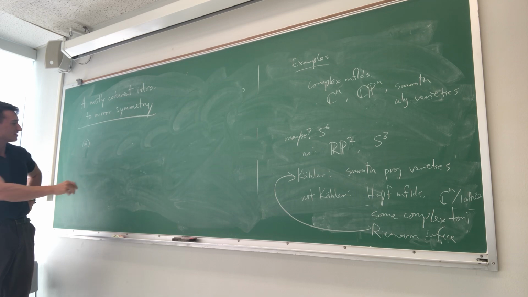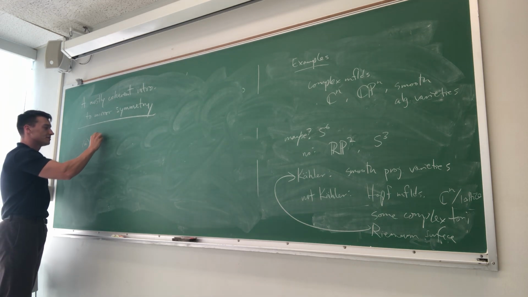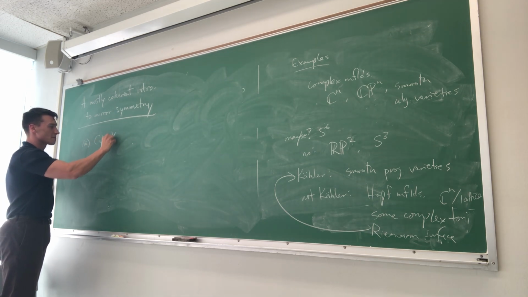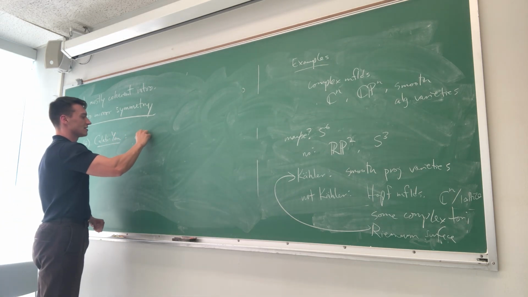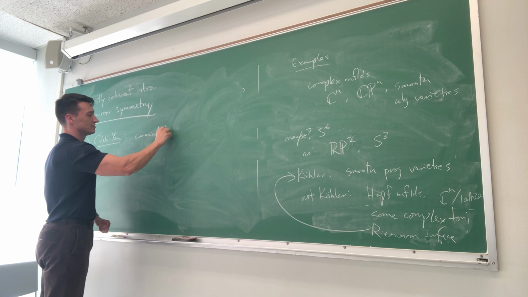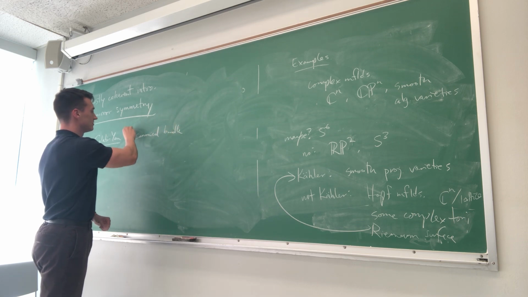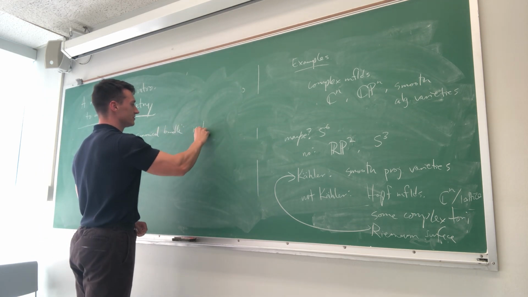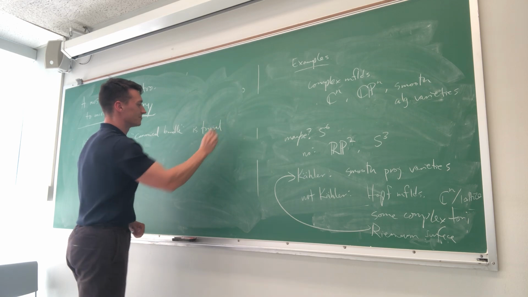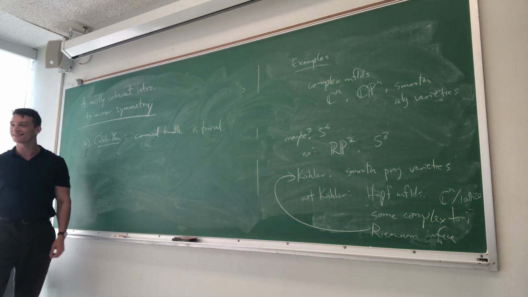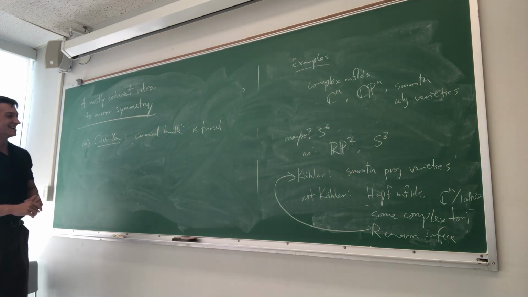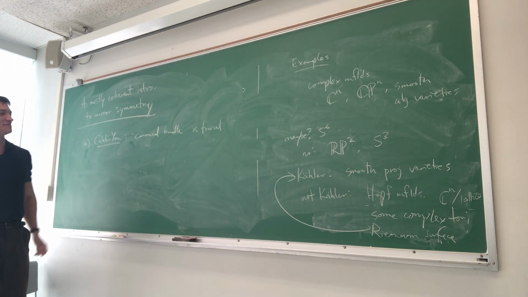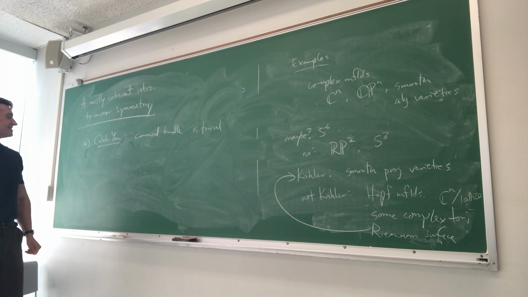We want it to be Kähler, and then the last thing is that the so-called canonical bundle is trivial. Again, I'm allowing myself a little leeway because Andreas talked about what vector bundles are, so I'm just going to assume it's fair game to have the notion of a vector bundle.